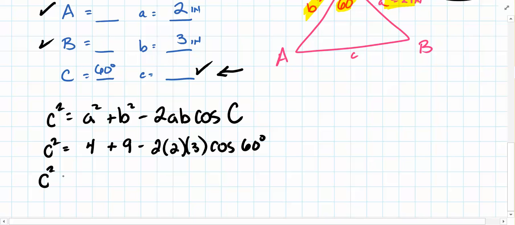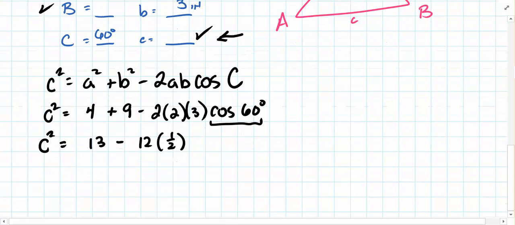So therefore, C squared is equal to 4 plus 9, how much is that? 13. 13 minus, let's see here, 2 times 2 times 3 is minus 12. Good, yeah. Okay, and then what's the cosine of 60 degrees? 1/2. Very good. That's where I was going. 1/2. Okay. So cosine 60 is 1/2.